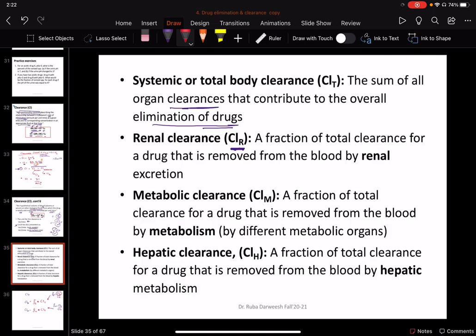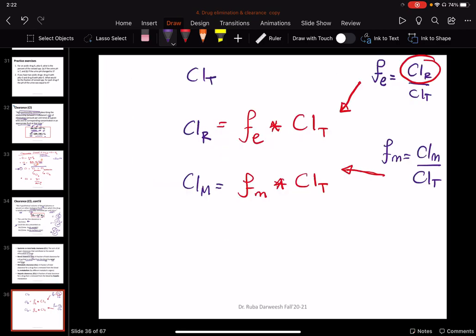So if we want to define the renal clearance, it is the fraction of total clearance of the drug that is removed from the body or from the systemic circulation by renal excretion.